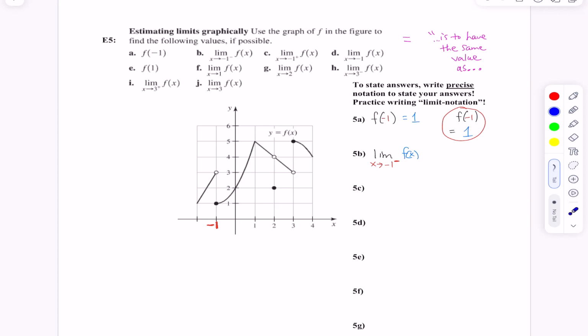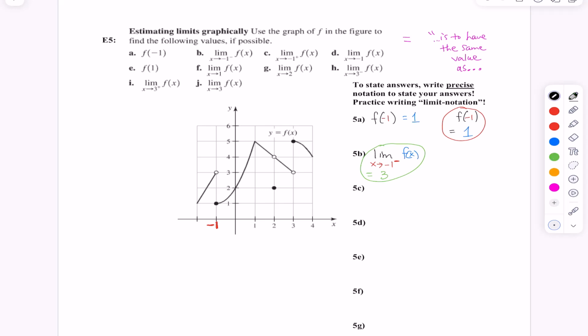Let's look at that. They're actually approaching the number 3. So I'm going to write that. They're approaching a number called 3. I'll circle that.